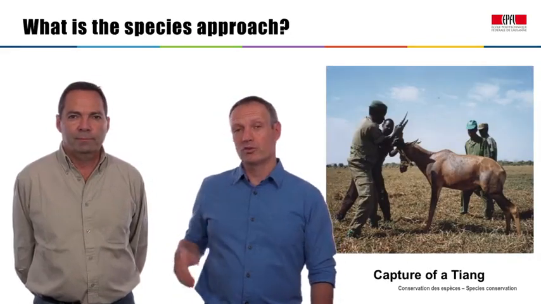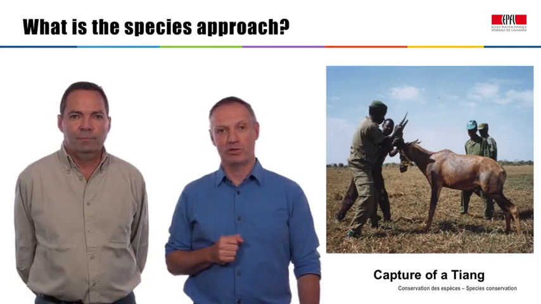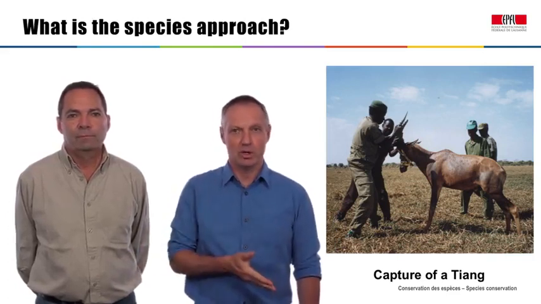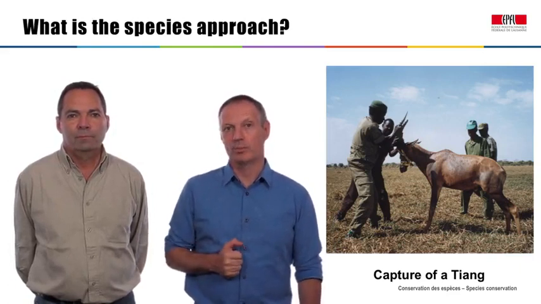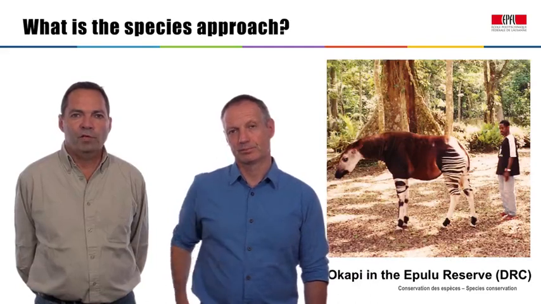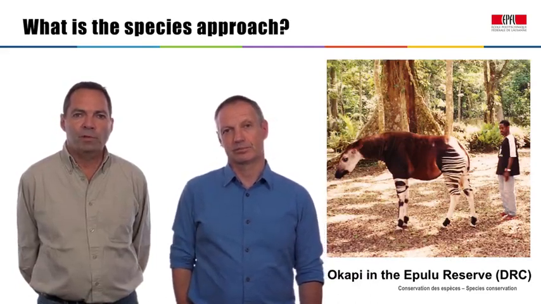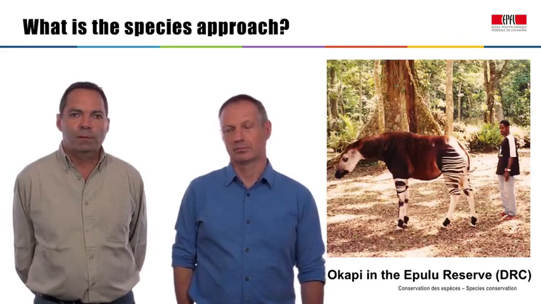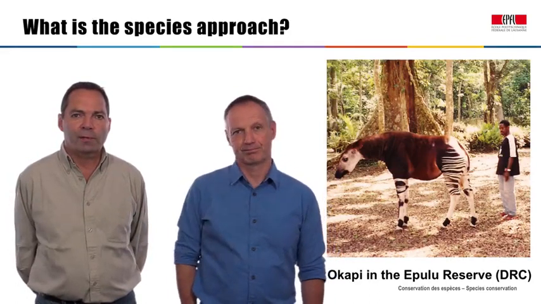The species approach is complementary to other conservation approaches. It can be carried out ex situ or in situ, and sometimes combine both these aspects. Ex situ conservation is done outside the species' original habitat, for example in zoos, botanical gardens, aquariums, or gene banks.